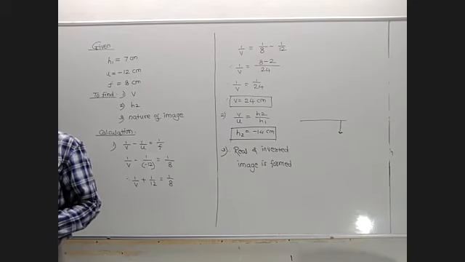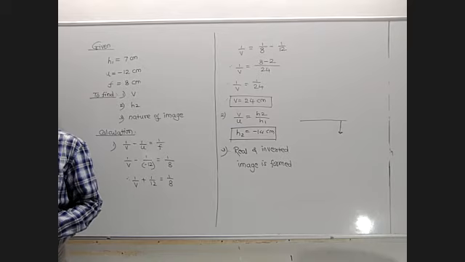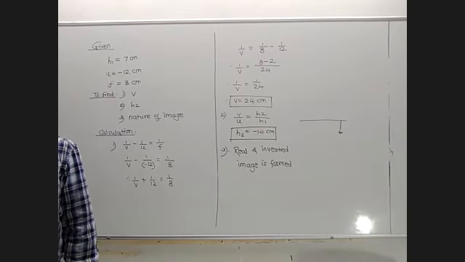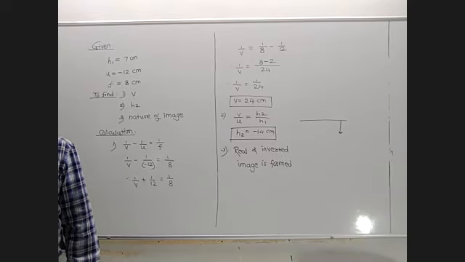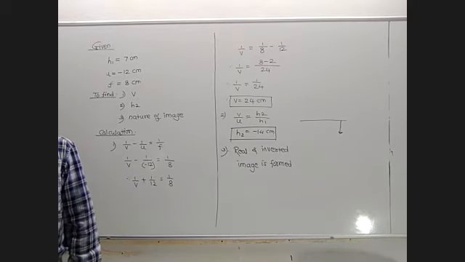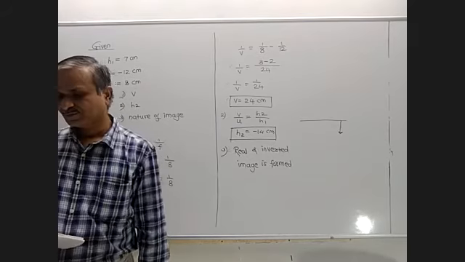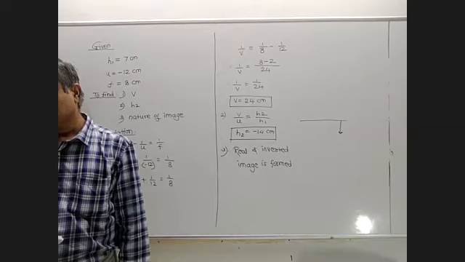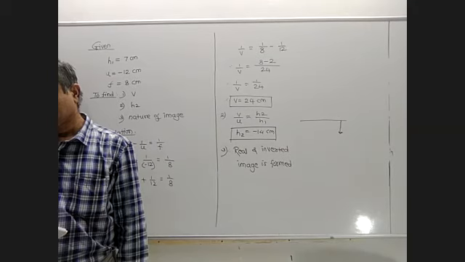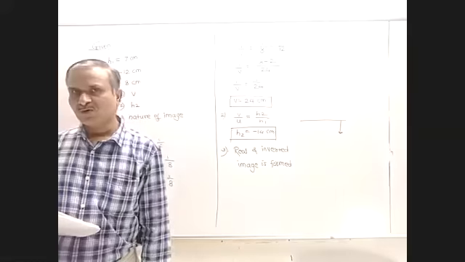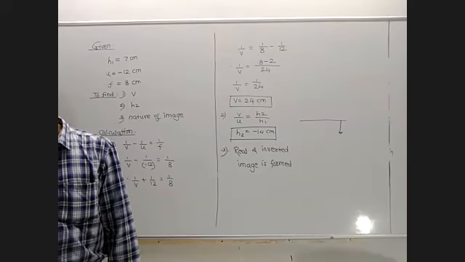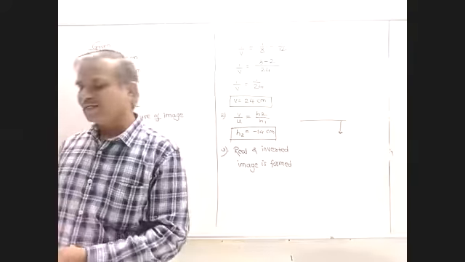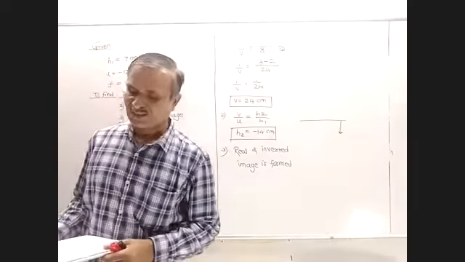A convex lens of focal length 10 centimeter is placed at a distance of 12 centimeter from a wall.